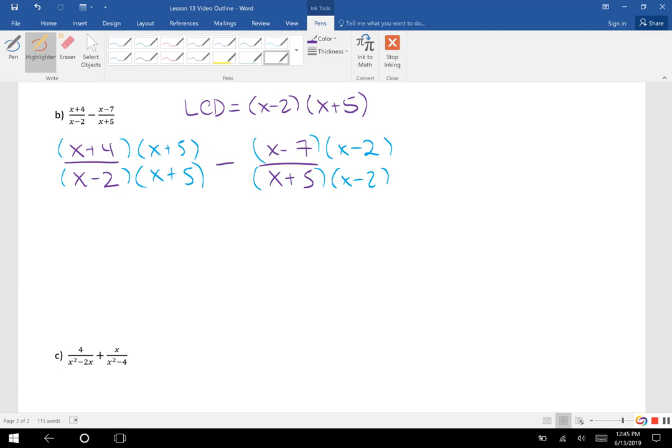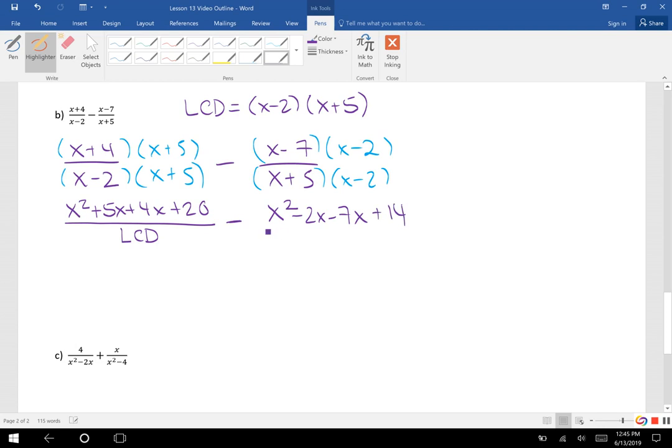So I'm going to FOIL out the numerator of the first one. So I get x squared plus 5x plus 4x plus 20. And then sometimes if I'm feeling a little lazy, I just write LCD for the denominator, and then I'll fill it in later. Okay, and then the second one, x squared minus 2x minus 7x plus 14.